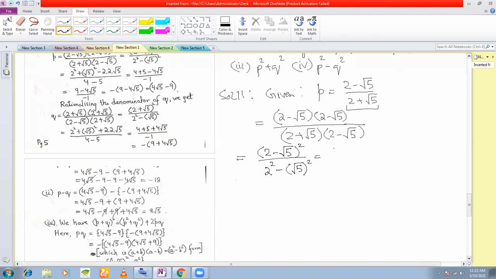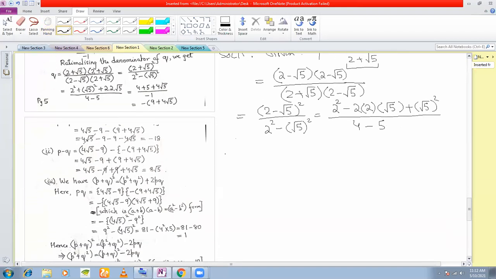First, the numerator has to be simplified by the a minus b whole square formula: a square minus 2ab plus b square, divided by the denominator, which is 4 minus 5. Okay, so you are getting a negative denominator. So you can take the minus sign to the numerator. But before taking, let us simplify the numerator first.